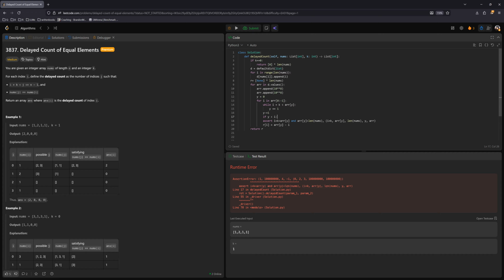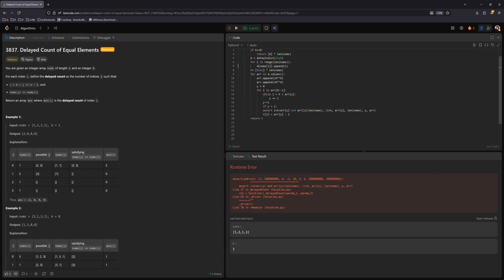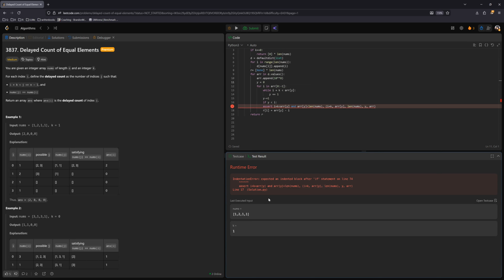What the hell is going on? Okay. Oh! Whoopsie. Was that the problem? Expected an indented block after if statement.